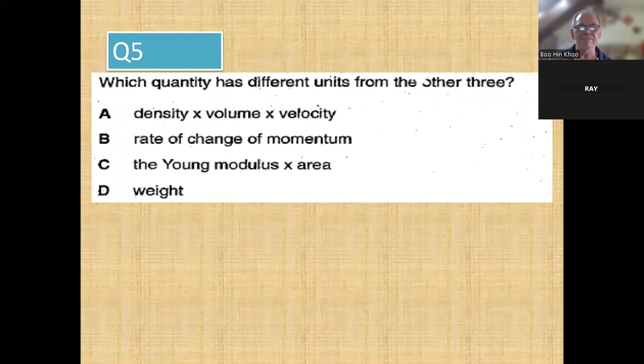Which quantity has different unit with the other 3? If you are familiar, straight away you can do it. If not, you have to work through each of them. What is the unit for each of them?